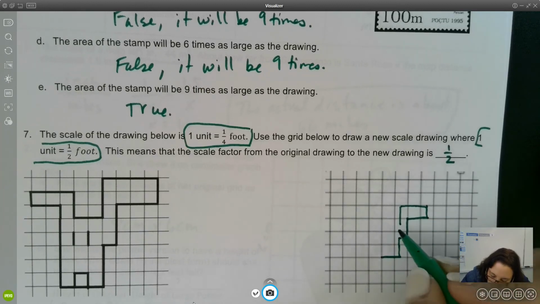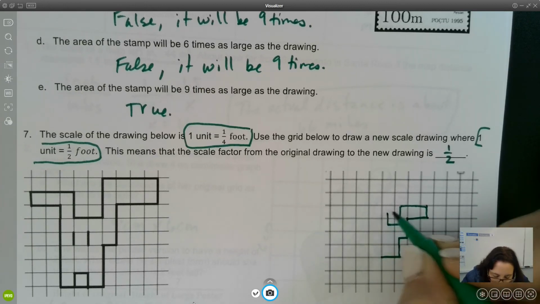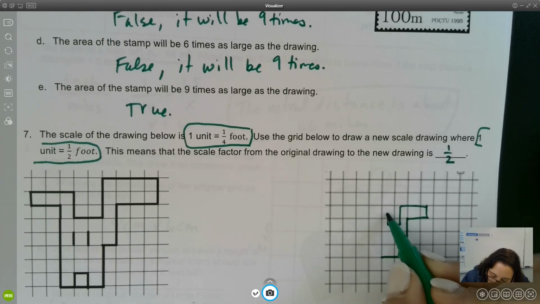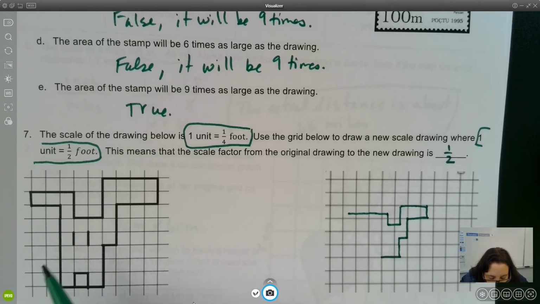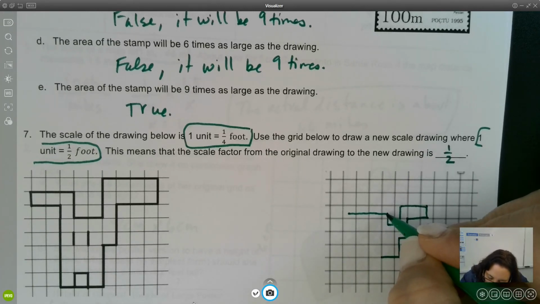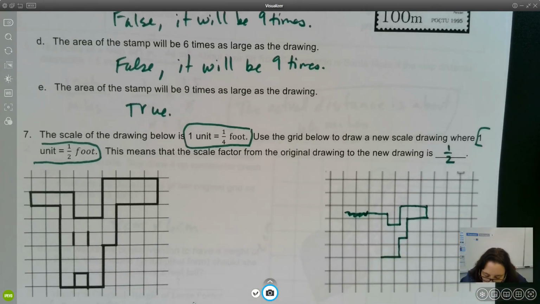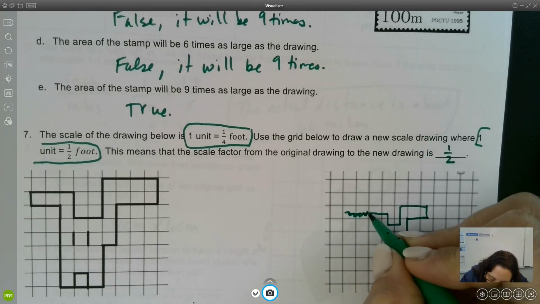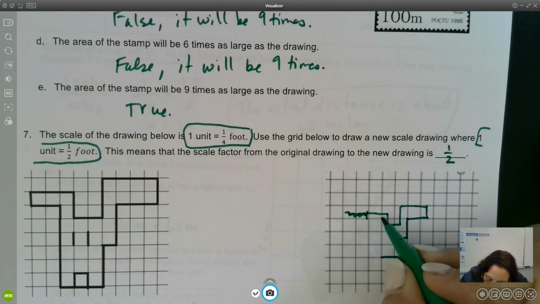This right here would be 1.5. This right here would be 1. This right here would be 1. 1, 2, 3. Oops, I went too far. Sorry, that's 3, but that needed to be 1.5. Okay, that shouldn't be there. This needs to be 1/2. And then this needs to be 1.